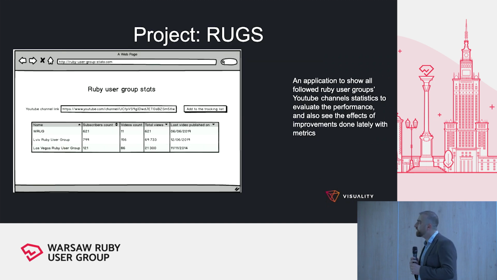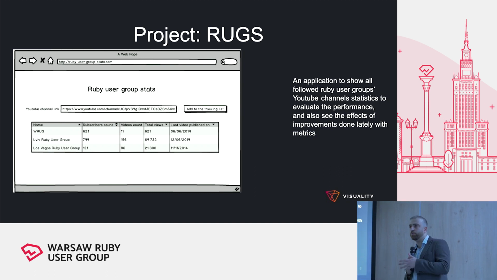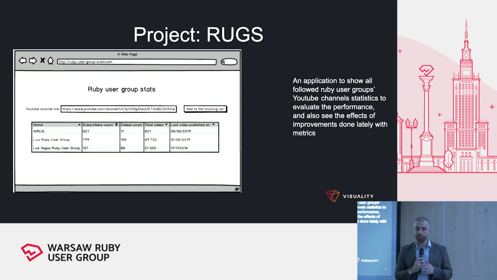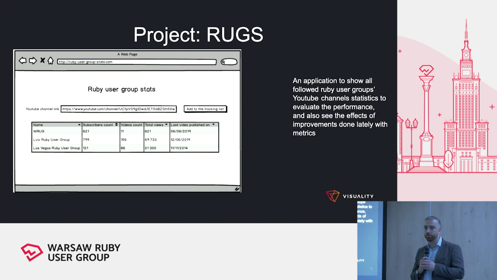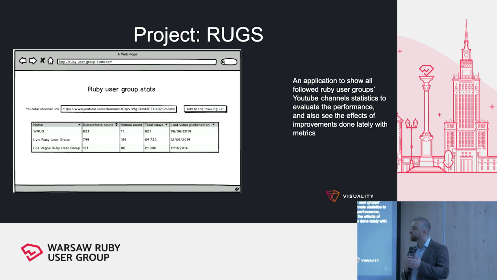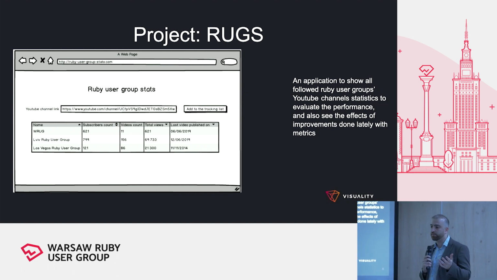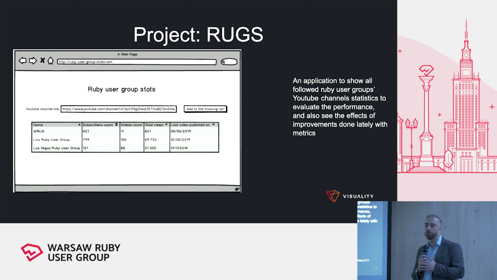So I created a project for today. It's Ruby User Group Stats. As you know, Ruby User Groups have YouTube channels. And this talk will also be published there. We were here, including this one, for the last 4 WRUGs. And we gathered feedback from the presenters that they would like to have more audience.